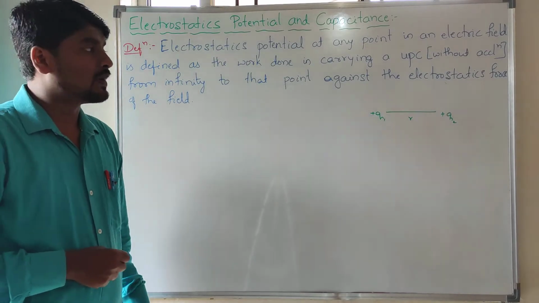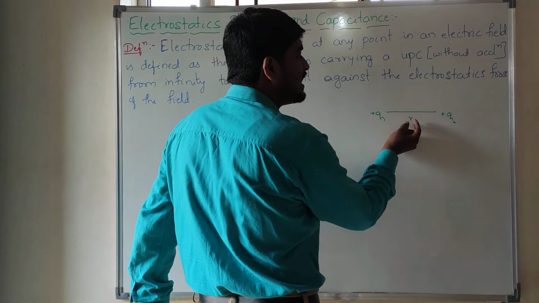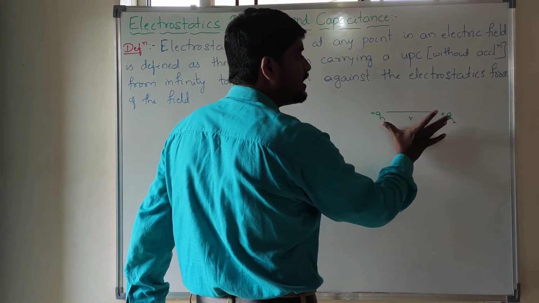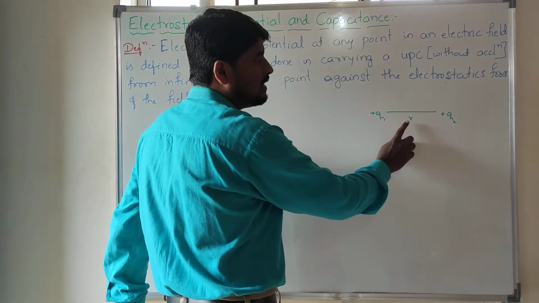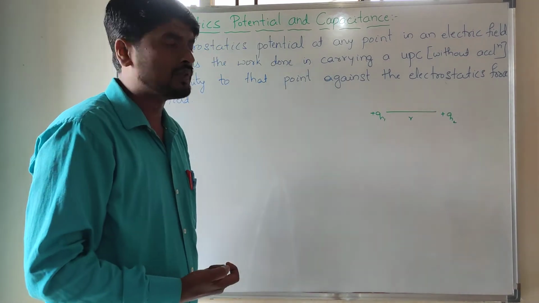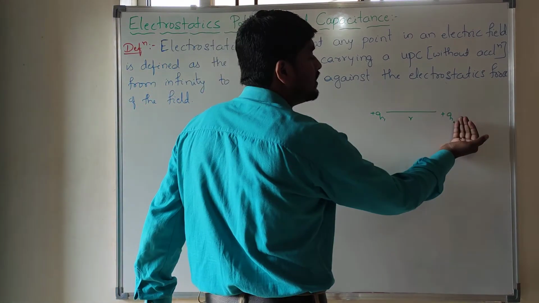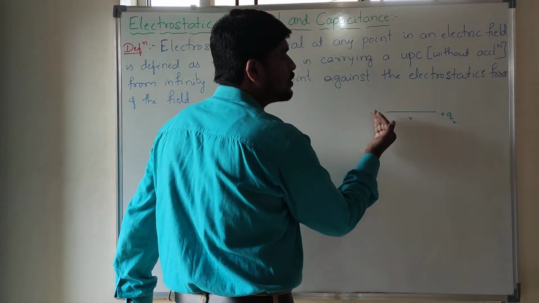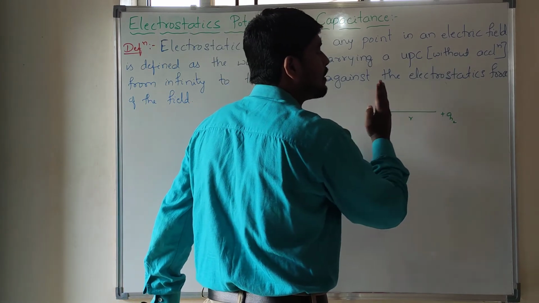Repulsive. Suppose I want to decrease the distance between these two charges, that means this small r should be reduced. To reduce it, either the charge Q2 or the charge Q1 should be carried from one place to another.